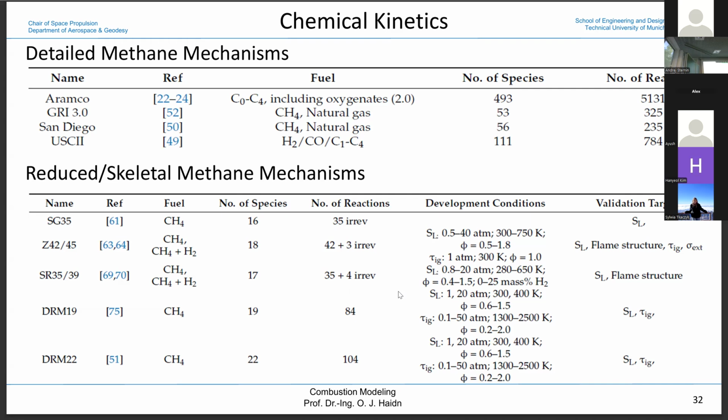So don't believe one mechanism. It's quite often a result of an optimization that the group doing the experiment says we have a mechanism which is very good for our experiment. But it's tuned to that experiment. Very seldom do you have mechanisms shown saying we have used 20, 50 different sets of data.